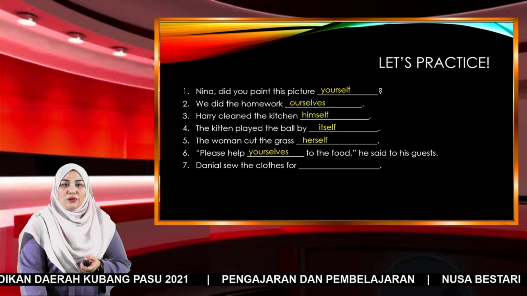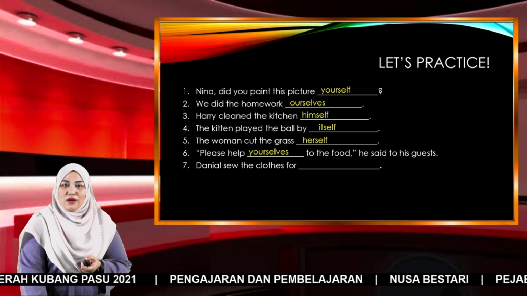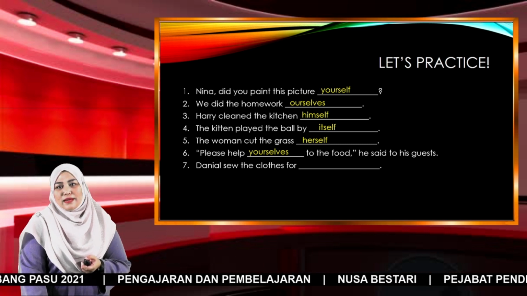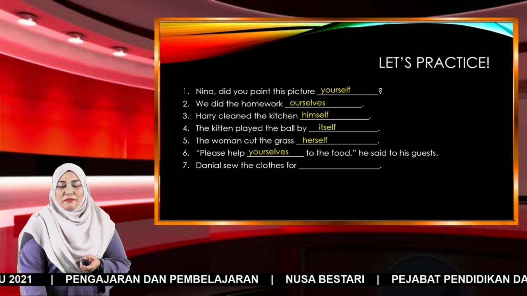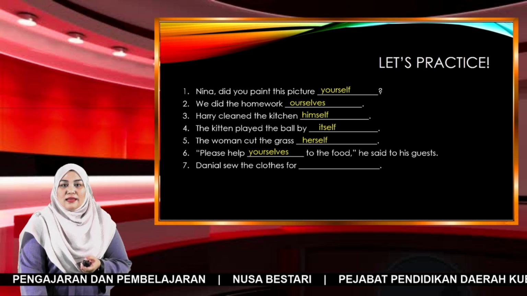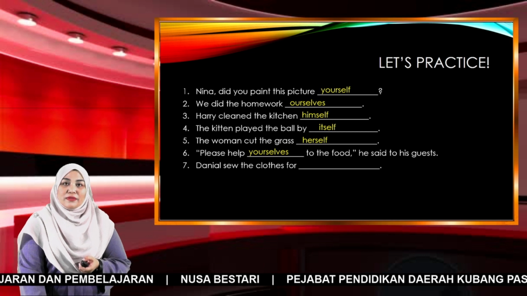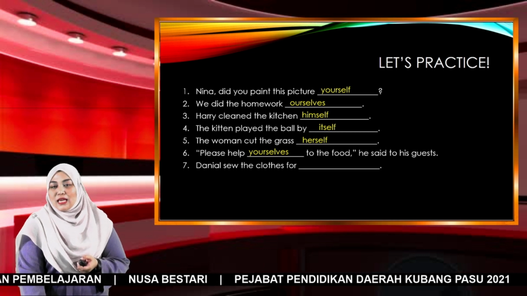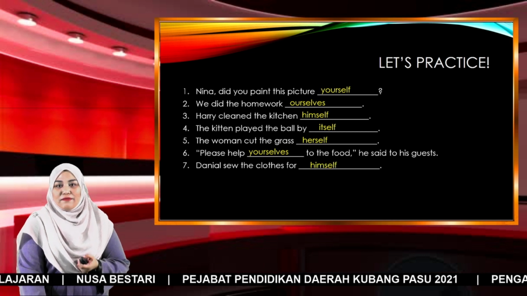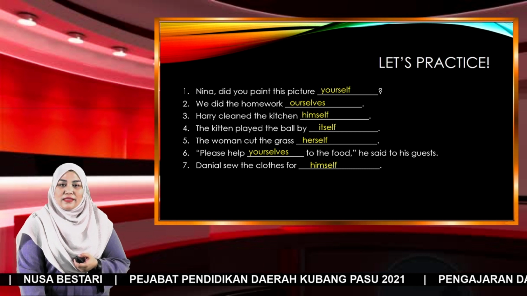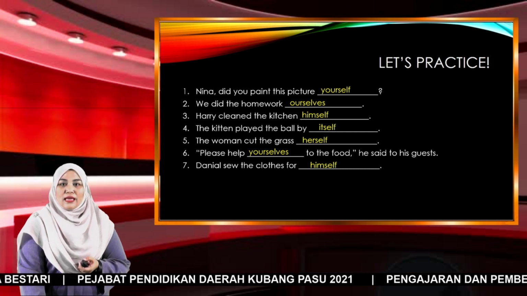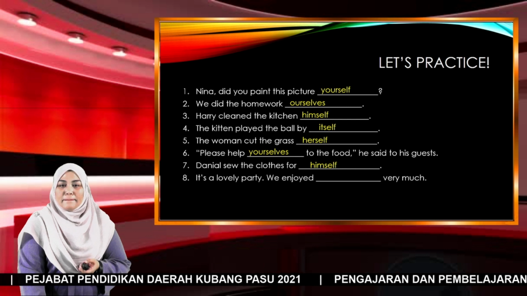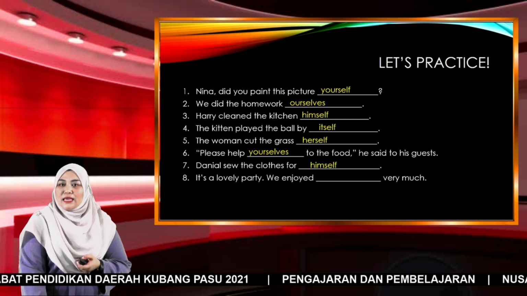Daniel sewed the clothes for. Okay, Daniel is a common name for a boy or man. So here, you use he as the personal pronoun. So automatically, we use himself as the reflexive pronoun. Okay, let's go to number 8. It's a lovely party.